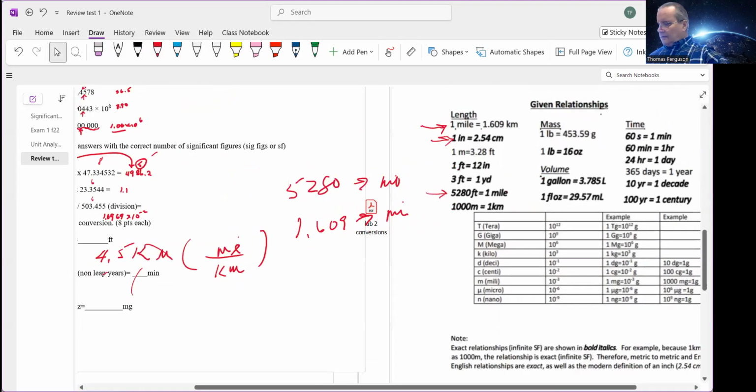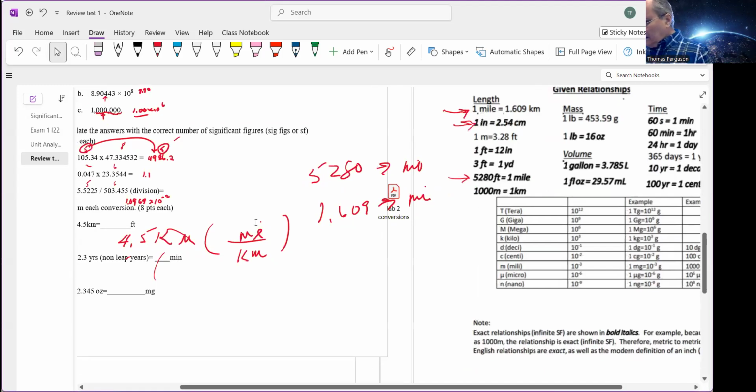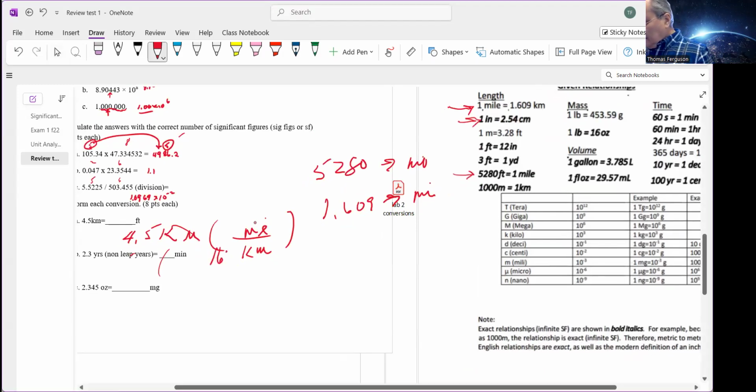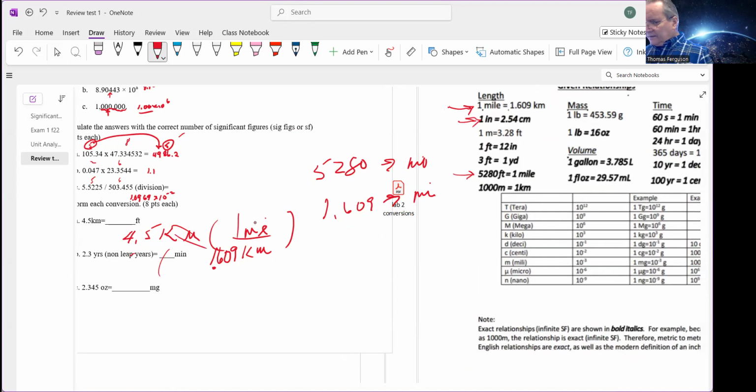And 16. Okay, that gives us meters, or excuse me, miles. And we can go from miles to feet.